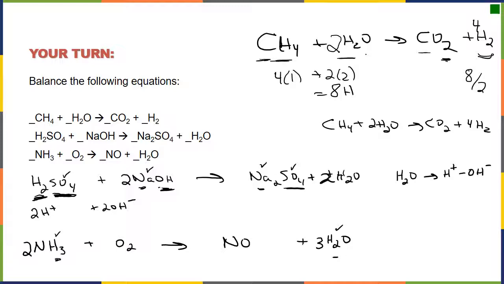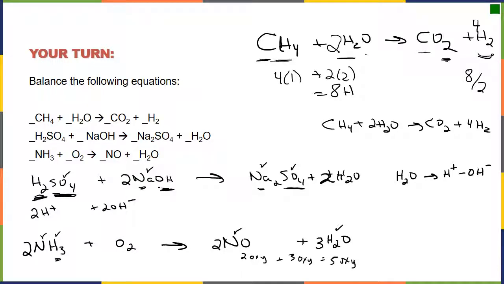If I look at my nitrogens now, I have 2 nitrogens and I've got 1 here, so I'm going to put a 2 here. This is going to balance out my nitrogens. This now leaves us with our oxygens. And when we look at our oxygens, we have the odd and even problem one more time, because here I have 2 oxygens and here I have 3 oxygens on the water for a total of 5 oxygens.